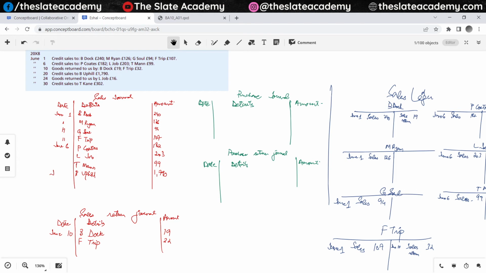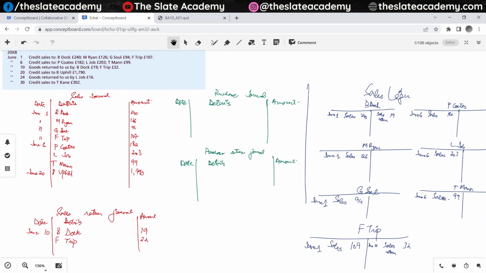So let's make a B uphill account in the sales ledger. B uphill, 1790, sales and June 20.